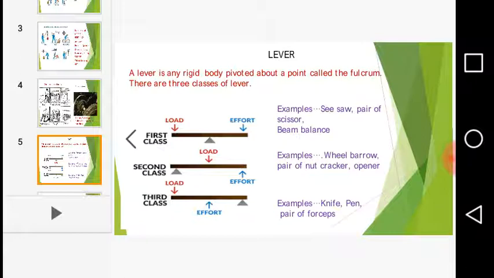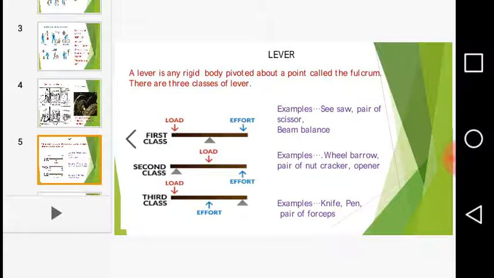And we have 3 types of lever: the first class lever, second class lever, and the third class lever.